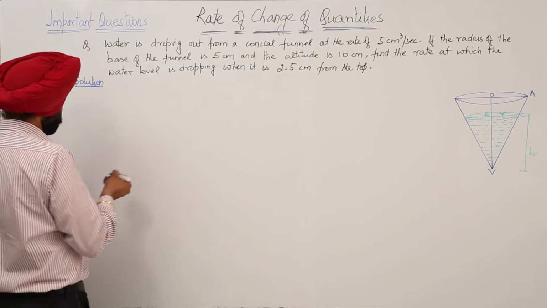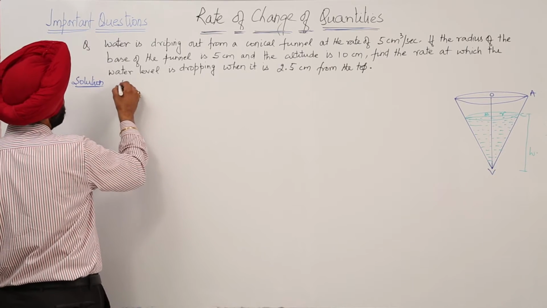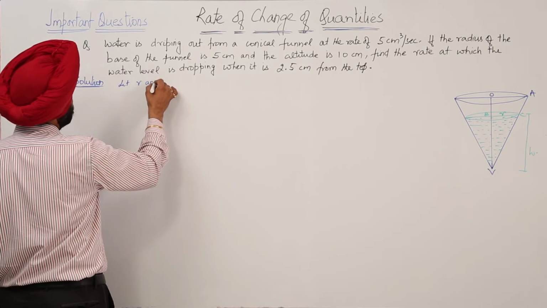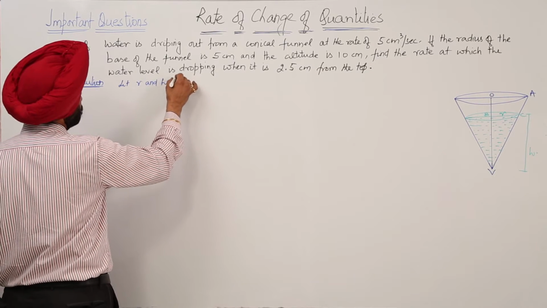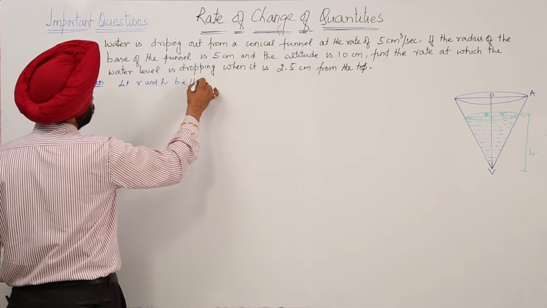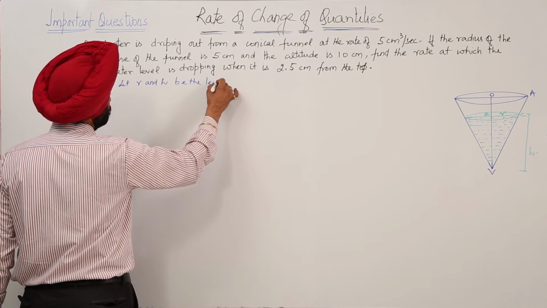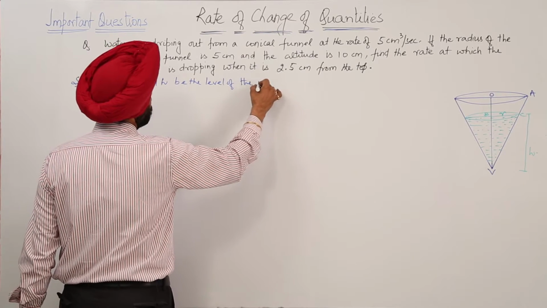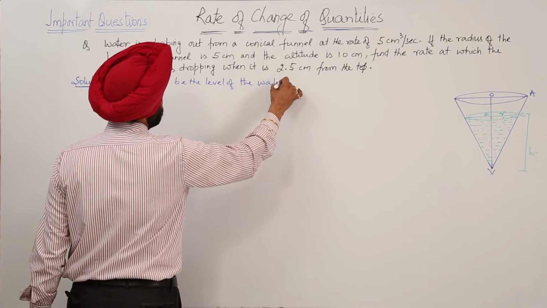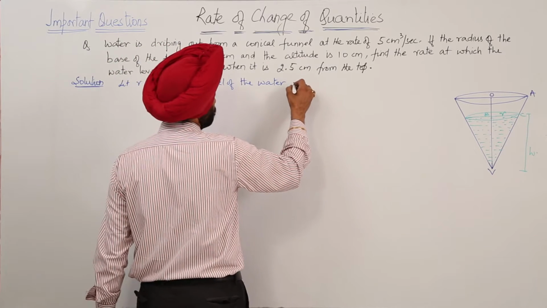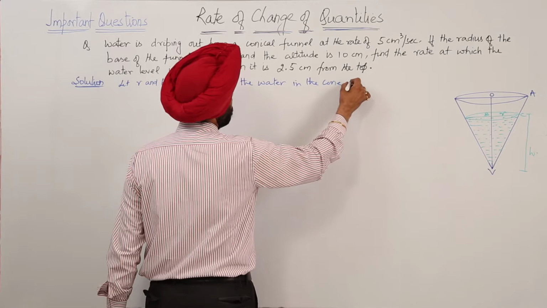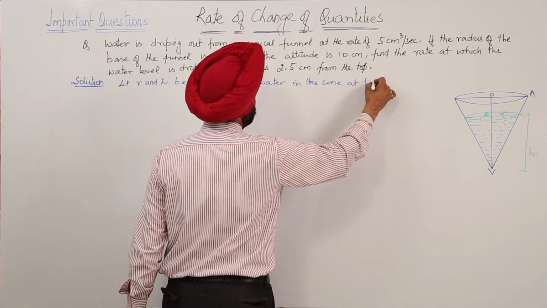Now let R and H be the level of the water in the cone at time t.